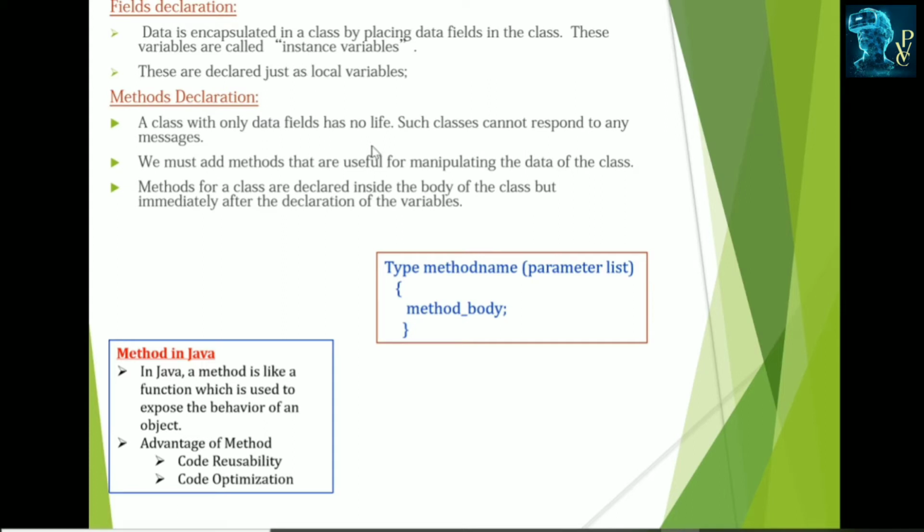So we must add the methods that are useful for manipulating the fields we declared in the fields declaration. Fields can be declared just like normal variable declarations. And methods are declared within the body of the class, after the declaration of the fields.